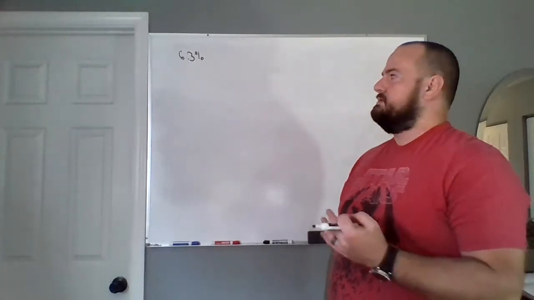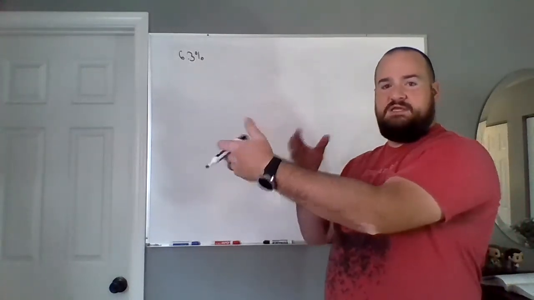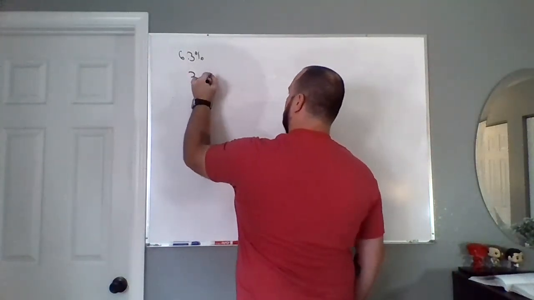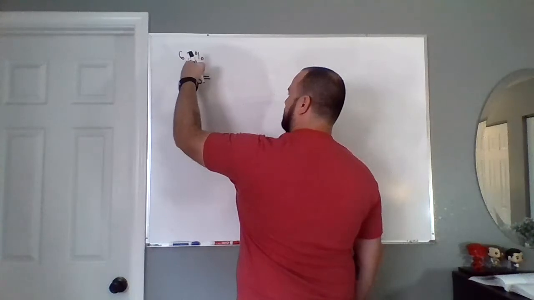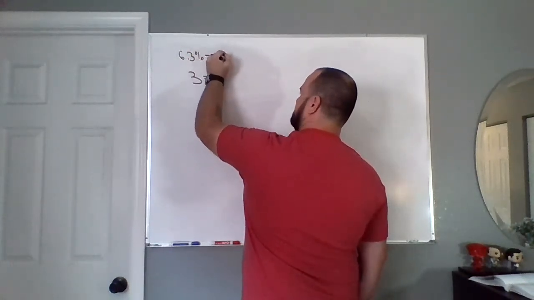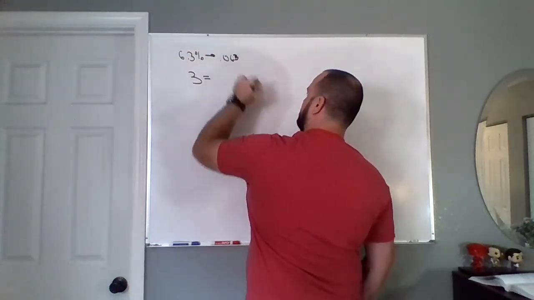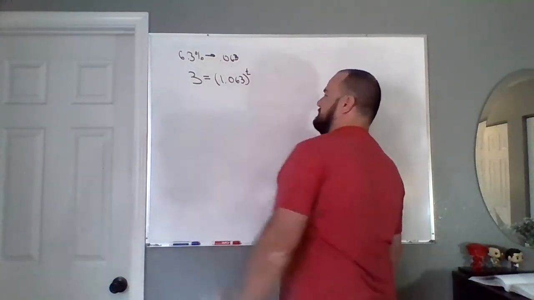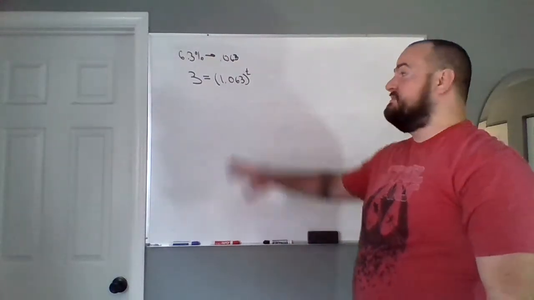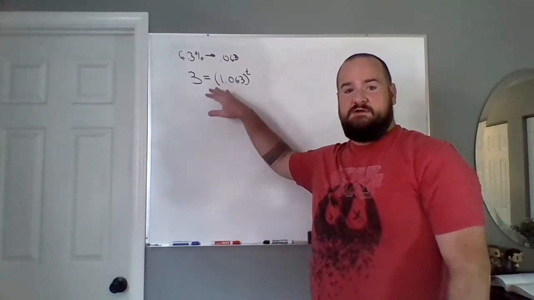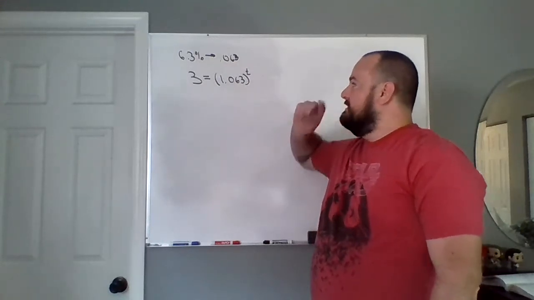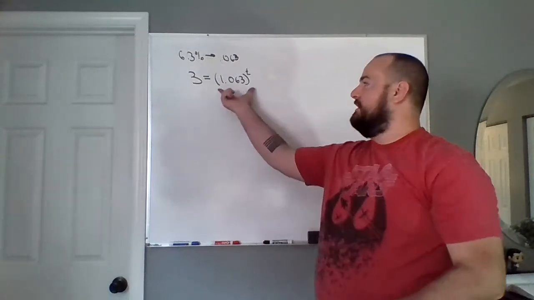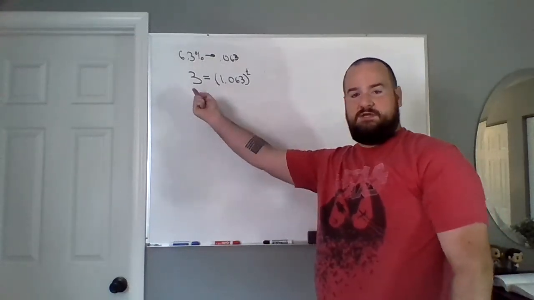No. Because ultimately I'm going to get 3p equals p times 1.063 to the t, and dividing by p, what I end up with is simply 3 equals, since my interest rate is 6.3%, that is 0.063, so I get 1.063 to the t. This would tell me how long it takes for the amount in my account to triple. Because for it to triple means I multiply the initial amount, p, by 3. Well, I'm multiplying it by this number. So when will this number be 3?